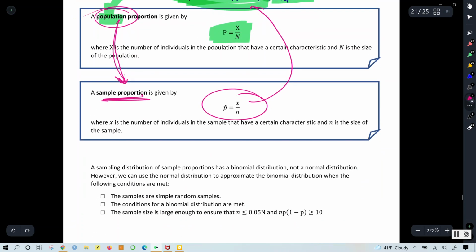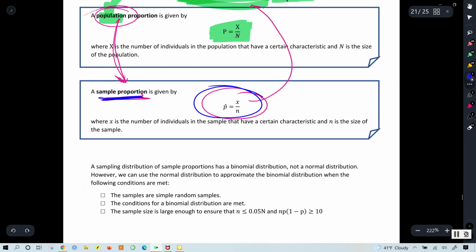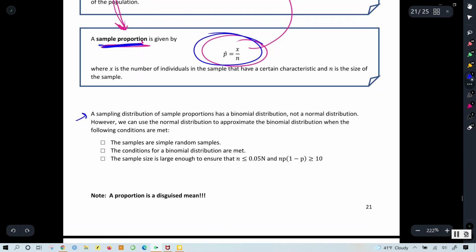So let's see, what is the distribution of this sample proportion? Under certain conditions, we will find that it also has the normal distribution, which is why the normal distribution is one of the most important distributions used to approximate many distributions.